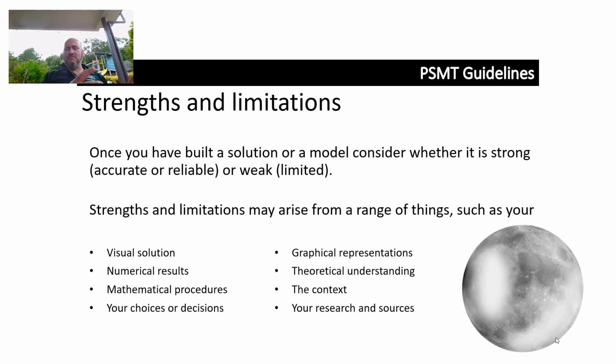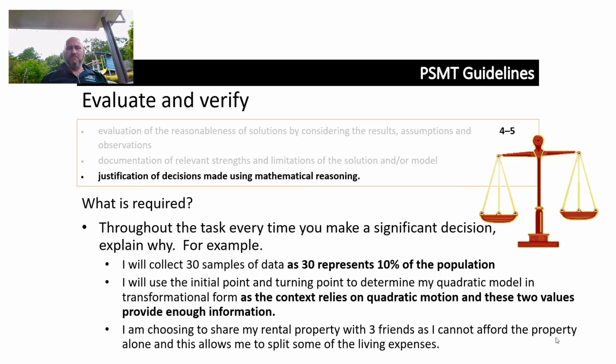Here's 8 things that we sort of discussed that come up, but it's certainly not an exhaustive list. You may talk about strengths and limitations that arise from a range of things, such as visual solutions, numerical results, mathematical procedures, your choice or decisions, graphical representations, theoretical understanding, the context, or your research and sources. There's a start, some things to think about where you might be able to draw some strengths and limitations from.